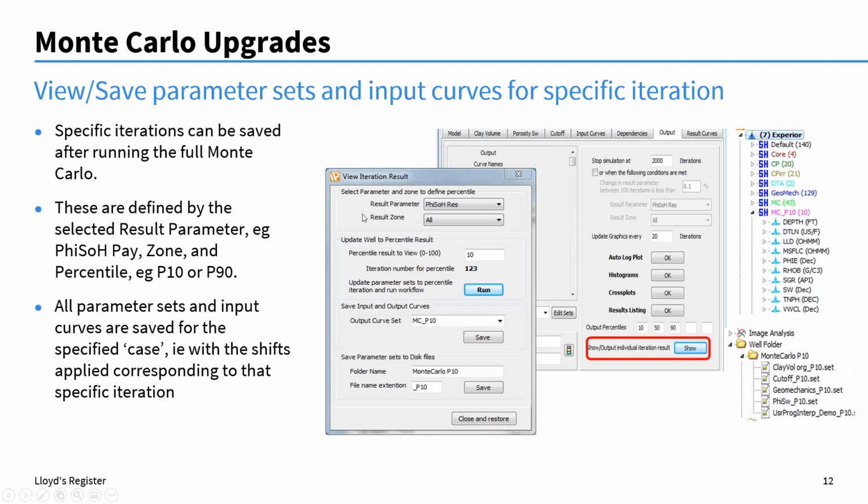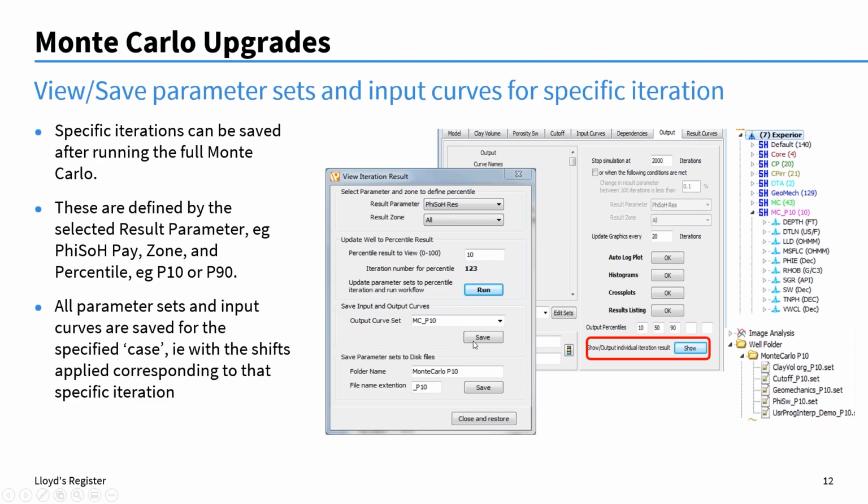You just have to select which result parameter and which zone, so all zones or one particular zone, and you can search the P10 on average porosity or hydrocarbon pore feet or whatever. Say what percentile you want, and when you hit run, it basically looks at all the data, comes back and says, of your 2,000 runs, run number 123 was the 10th percentile for that case, for that parameter.